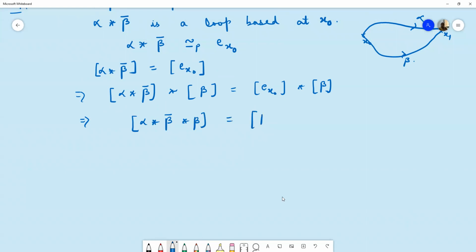This is beta because e x naught star beta is beta. So this is alpha equals beta. Now we have proved that the homotopy classes of paths alpha and beta are equal. It means alpha and beta are path homotopic to each other. So this we wanted to prove.